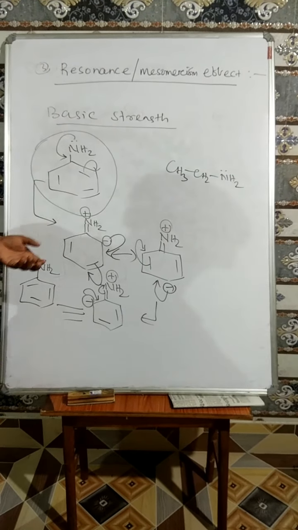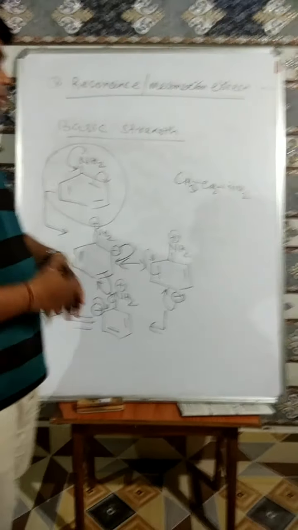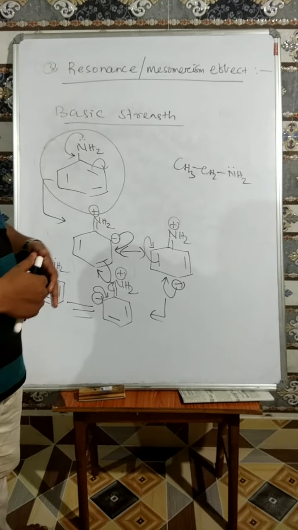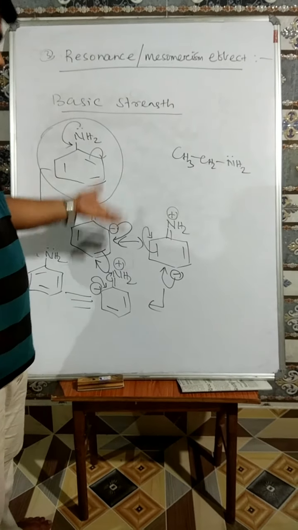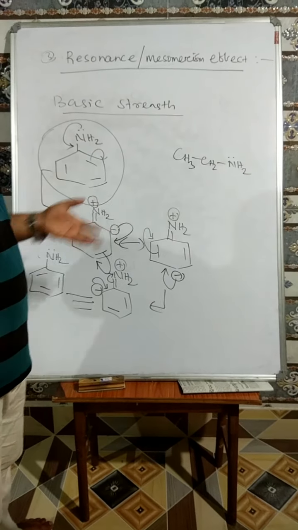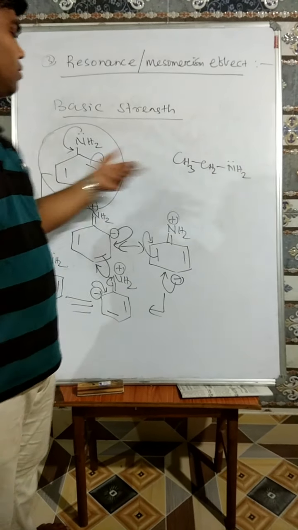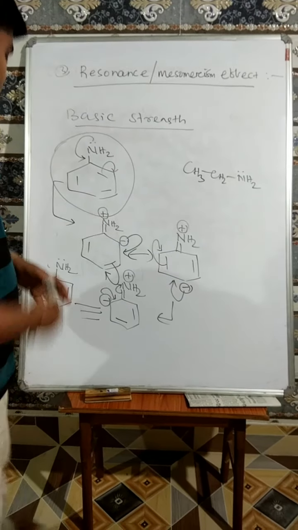And from the above resonating structures, we see the nitrogen atom in the amine group carries a positive charge, which indicates it is unable to accept a proton. That means it is a weak base. So out of aliphatic amines and aromatic amines, aliphatic amines are stronger bases in comparison to aromatic amines. Clear? So that is about resonance effect.